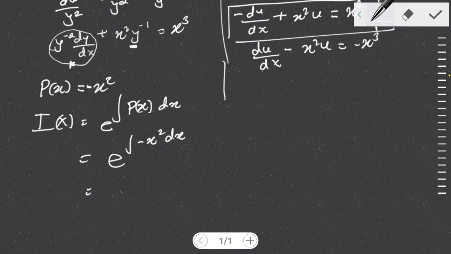Therefore this equals e to the negative x cubed over 3, and this is my integrating factor.